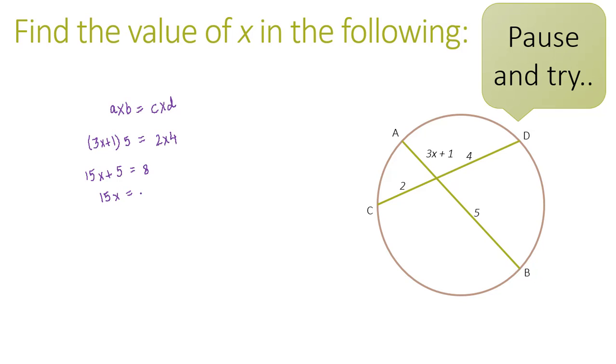Then I'll take the constants to one side, 8 minus 5. This will give me 15x equal to 3 and x will be 3 divided by 15. If we cancel out the common factor 3, we get x equal to 1 by 5. So this is the answer.